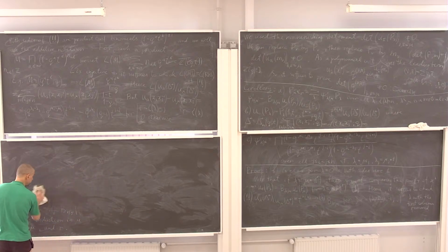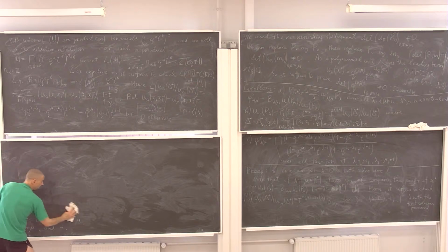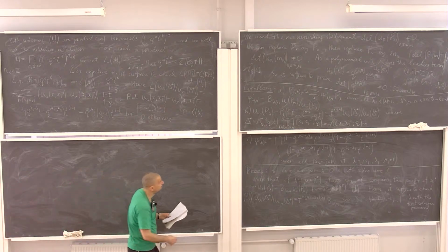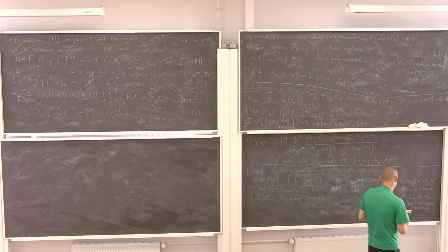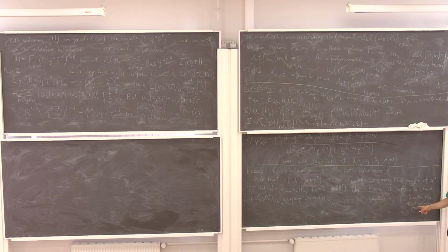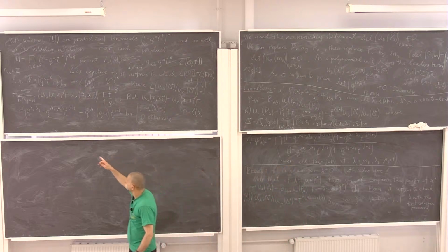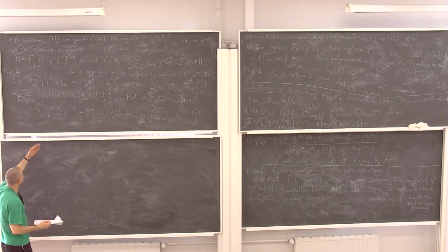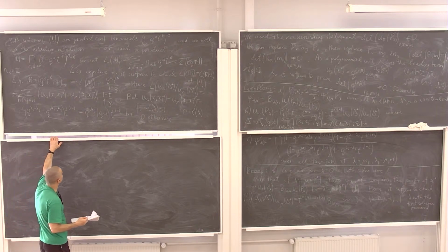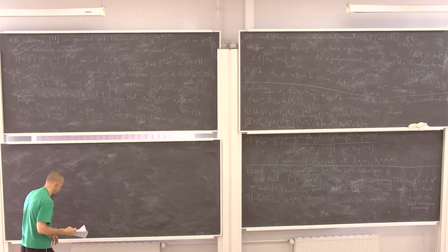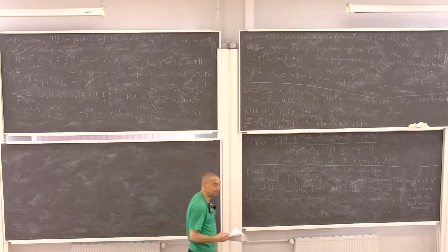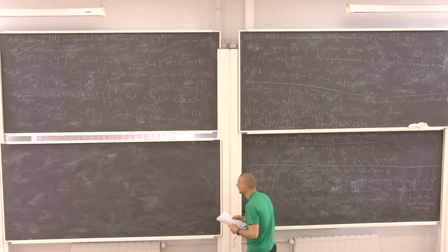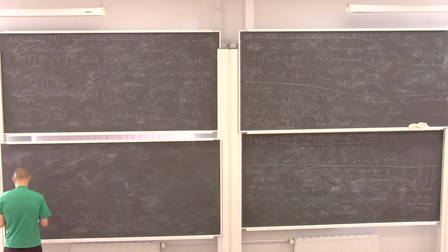I mean, I use here that mu is obtained from lambda just by removing the first column. That's why lambda_i minus lambda_j is either mu_i minus mu_j or one more. Okay.